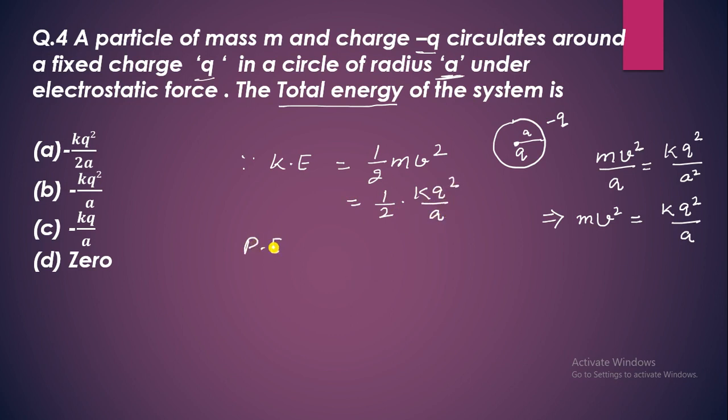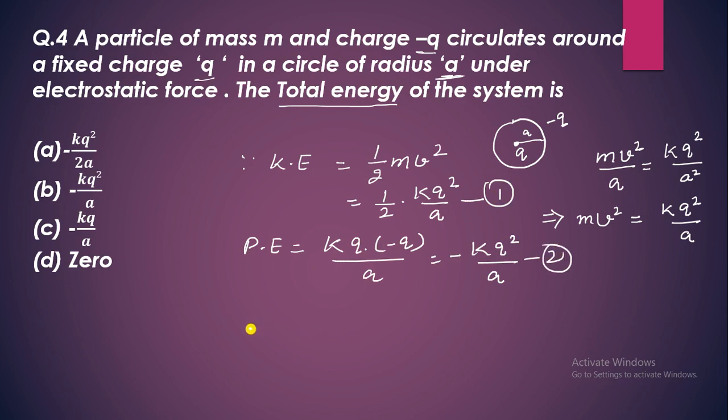And potential energy, you know, is k q1 into q2 upon r, but here the value of r is a, so it is minus k q square by a. So using equations first and second, what is the total energy of the system? Total energy is equal to potential plus kinetic. You can solve it. After solution, you can give the answer: option A.